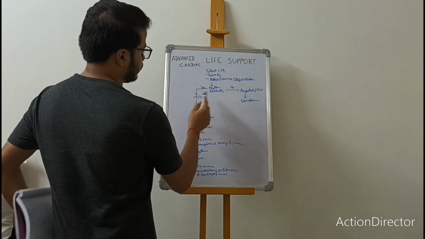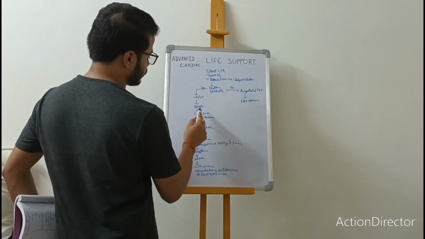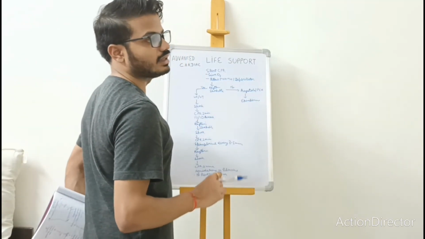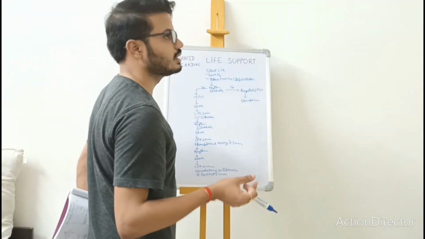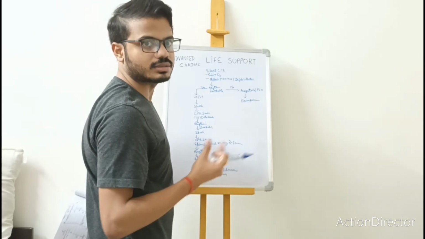Here the rhythm was shockable, so we had to give a shock, then CPR, then we did IV access, because of course where the rhythm is shockable, the chances of getting the patient back are more, right?